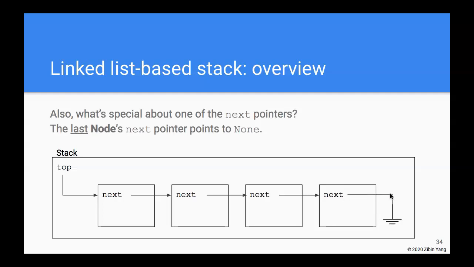So it basically points to nothing. So when we traverse the linked list, and we get to the node whose next pointer is pointing to None, then we know we reached the end. So keep these two things in mind, the top, and also the last next pointer, as we talk through our stack implementation.